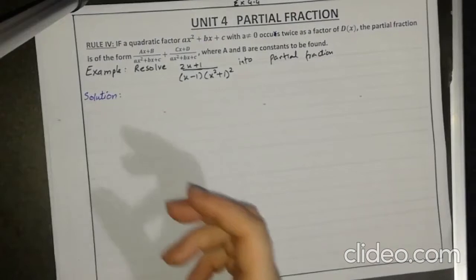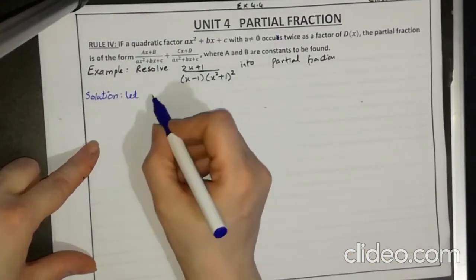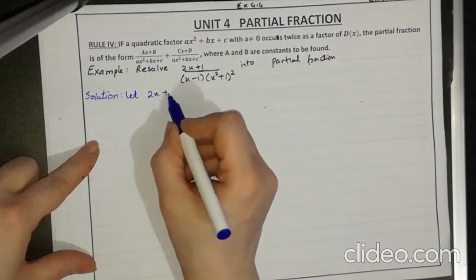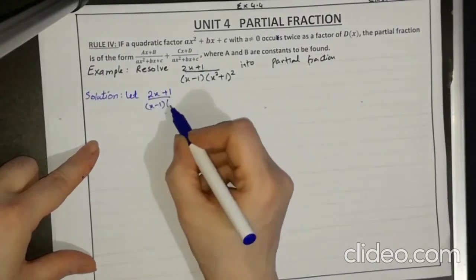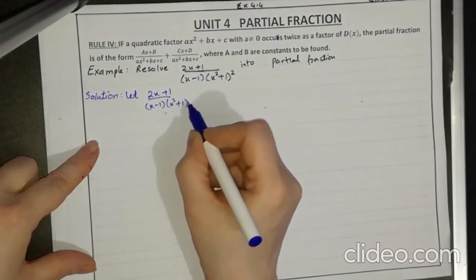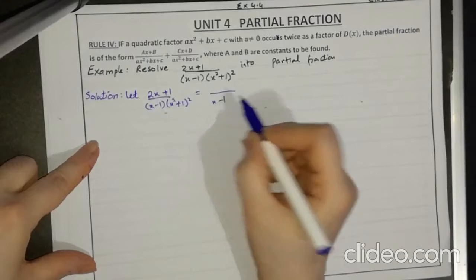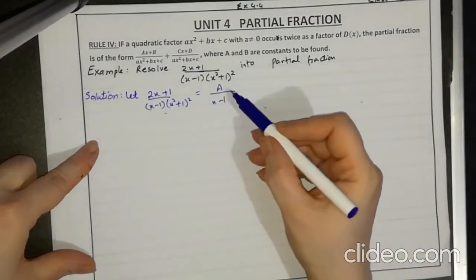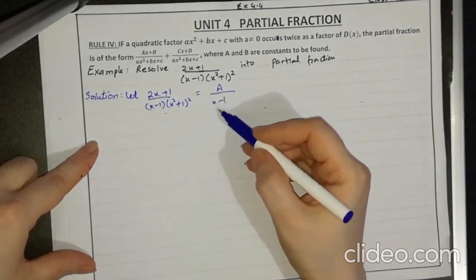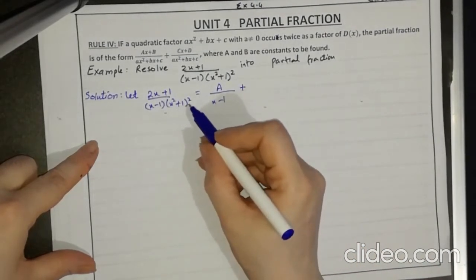Let's start our question. So let (2x plus 1) over (x minus 1)(x square plus 1) whole square. This is linear, so for the linear we write only A, because the degree of the top should be less than the degree of the bottom. And we have the repeated quadratic.